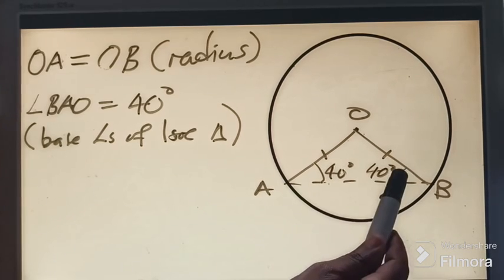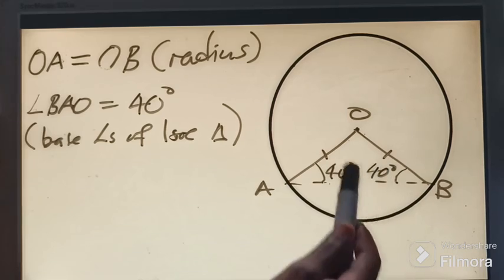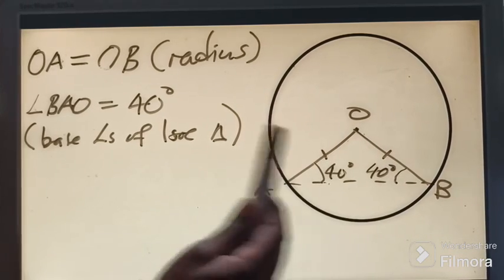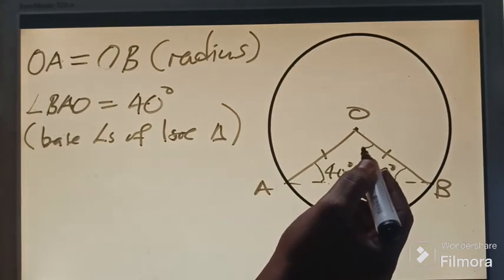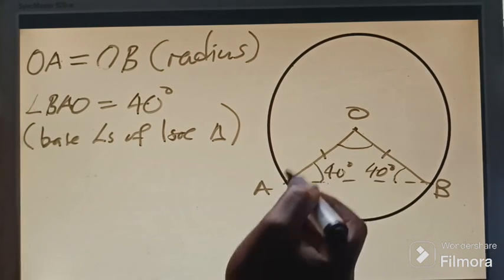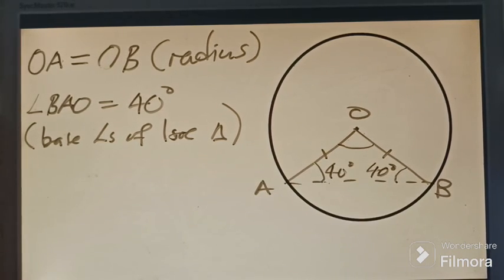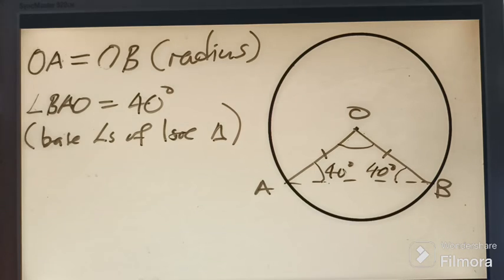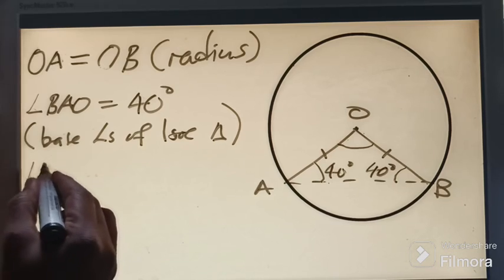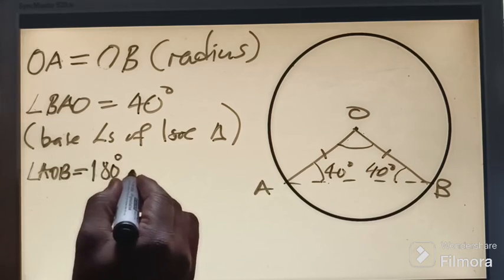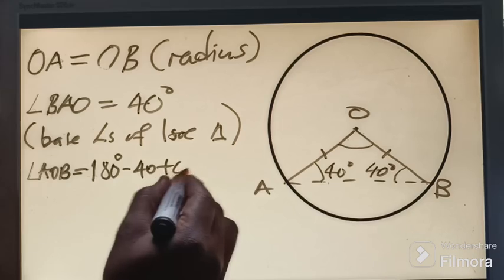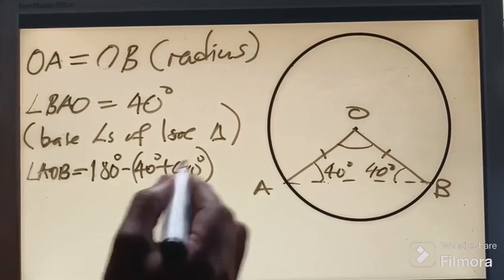Now that we have established that this one is equal to this one, it's simple to work out the question. The question says we should find the angle AOB. So angle AOB is equal to 180 degrees minus 40 plus 40 degrees.